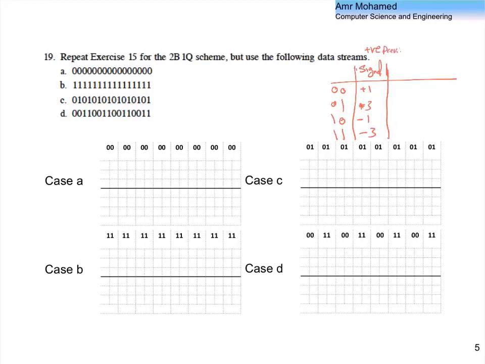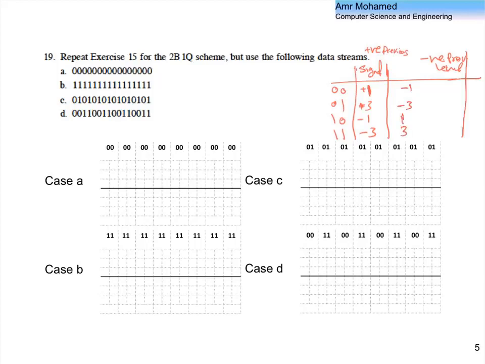previous level. For negative previous level, as we have done in class, we can just do the inversion. So this will be minus 1, minus 3, 1, 3.